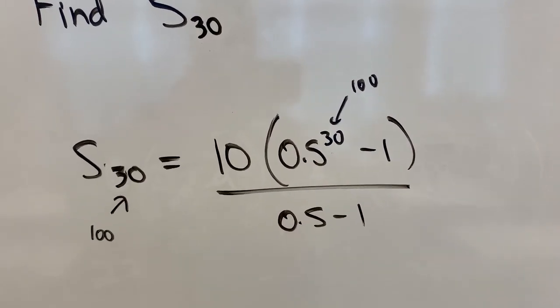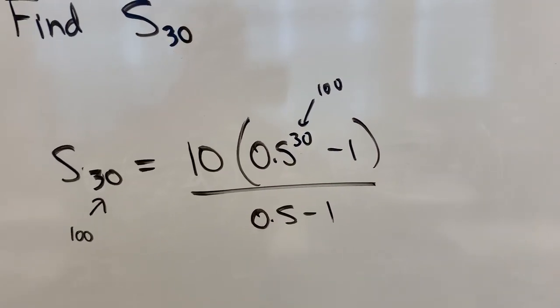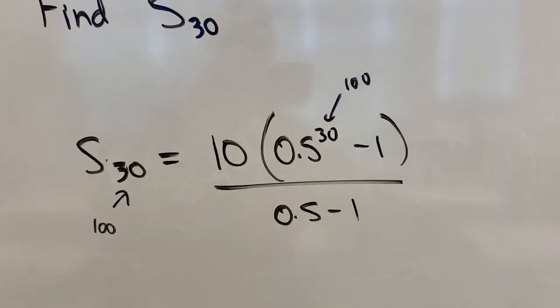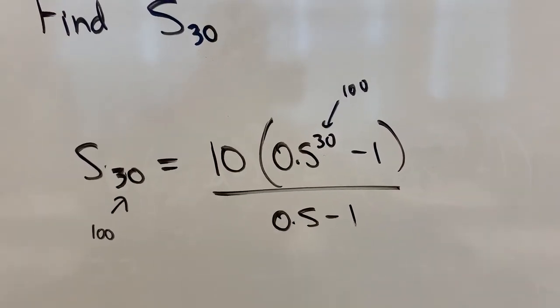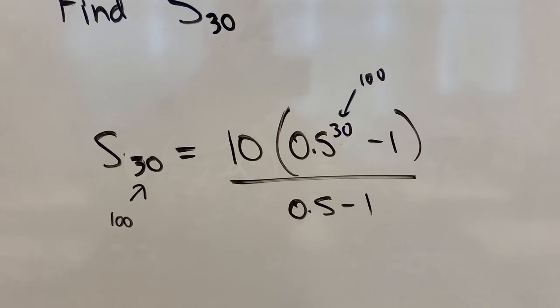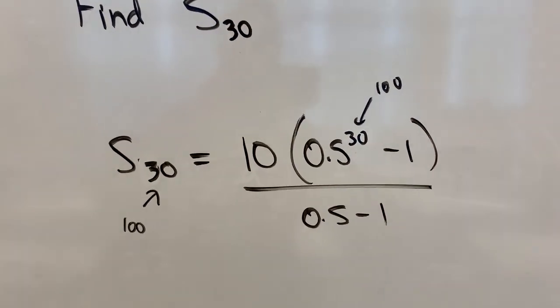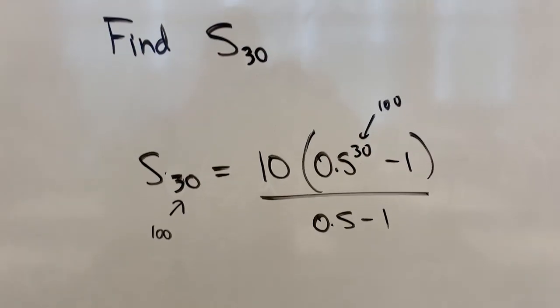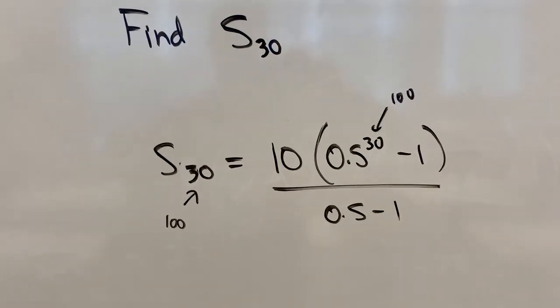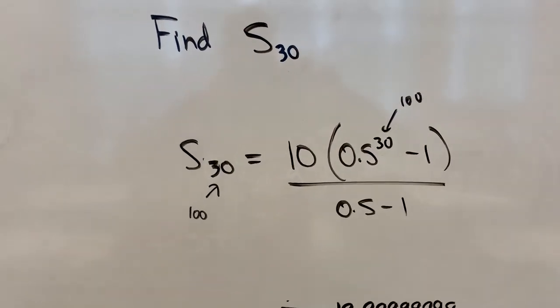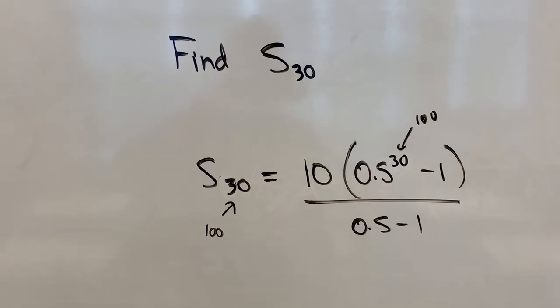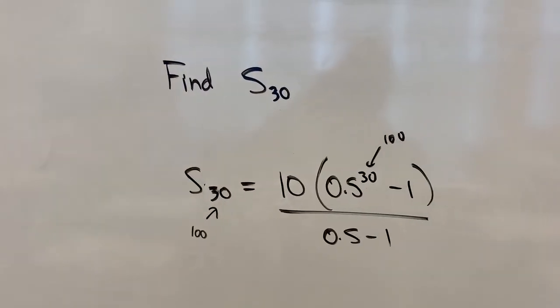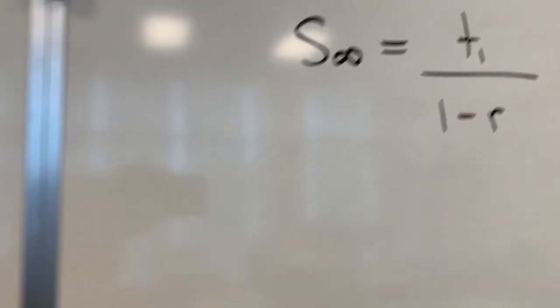And the number is so small, I think it's times 10 to the minus 30 something. Anyway, when you subtract the 1 there, your calculator just says minus 1. So basically what's happening is this ratio, when you raise it to a huge exponent, gets closer and closer to 0.